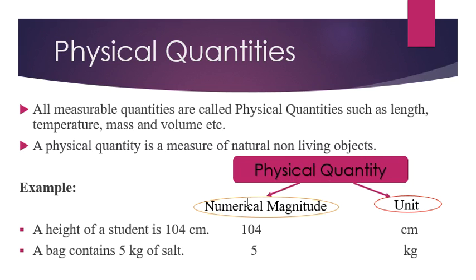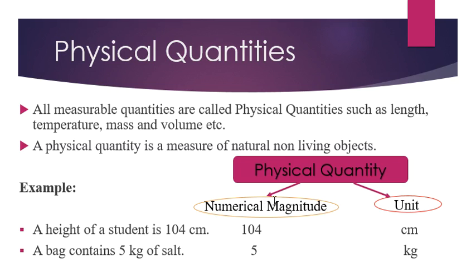In any physical quantity, there are two basic things. One is numerical magnitude and the other one is unit. A very common example: if you go to a shop and you want to buy milk, we say 1 liter of milk, or 2 liters of milk.